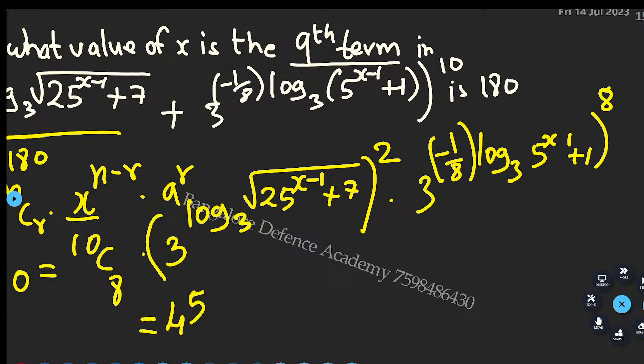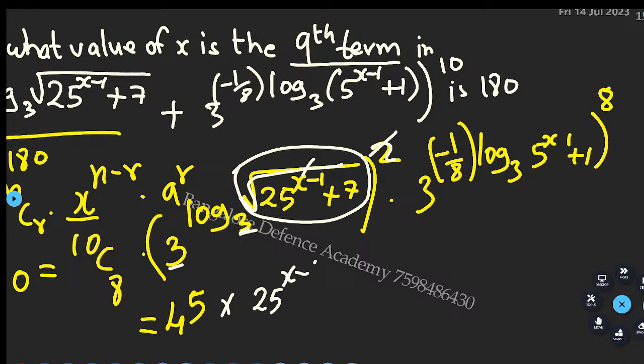What is 10c8? 45. Okay, the first thing in the log chapter that we saw: Manish, pens down, Bharat, pens down. In the log chapter, what did we see? This base is 3, so if this is the situation you are going to write only this, yes or no? I told you this in the log chapter. Now this is the square root, can I cancel? So what happens: 45 into 25 to the power x minus 1 plus 7, put this in brackets. Understood? Now tell me, this base is how much? Can I cancel it?